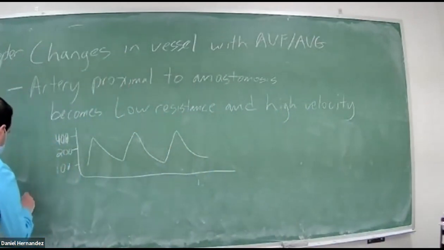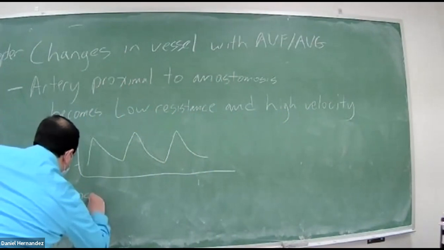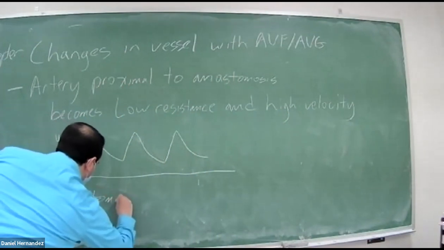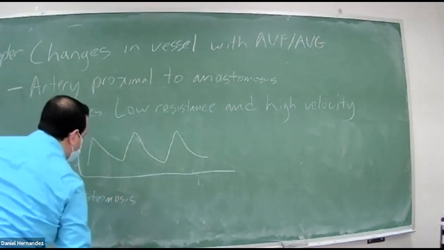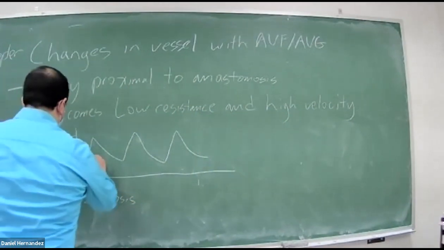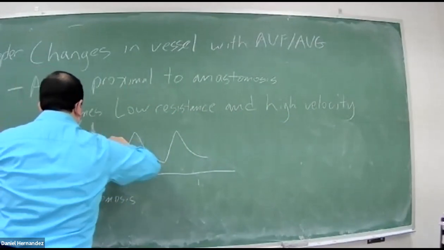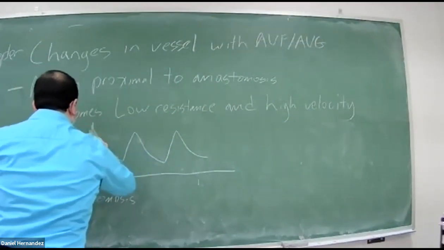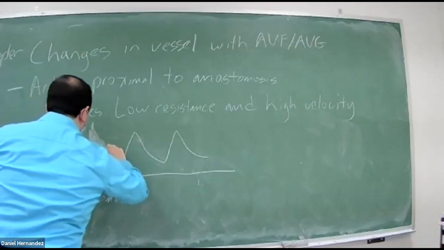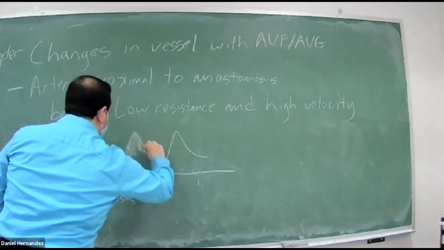So then at anastomosis, or that connection between the artery and vein, we're going to wind up with our fastest velocities. And the blood flow is also going to be very turbulent. So we're going to get filling of that spectral window.